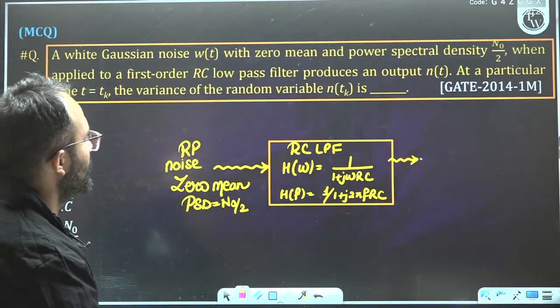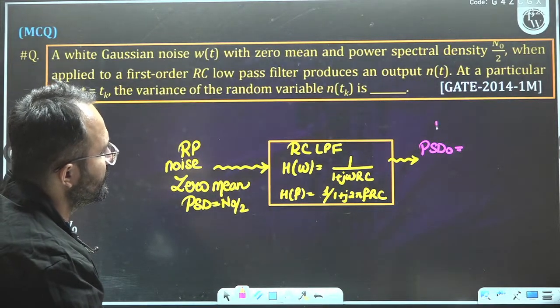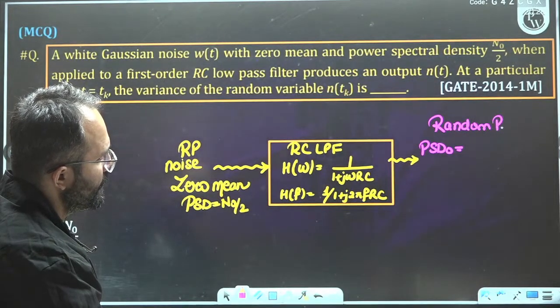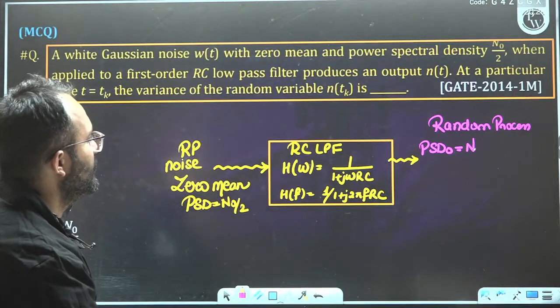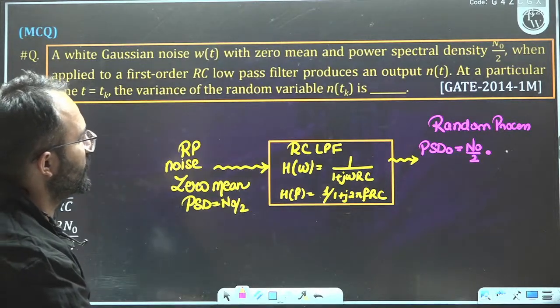Okay, so now we can see that the power spectral density of the output random process will be the power spectral density of the input multiplied by mod H(f) square.